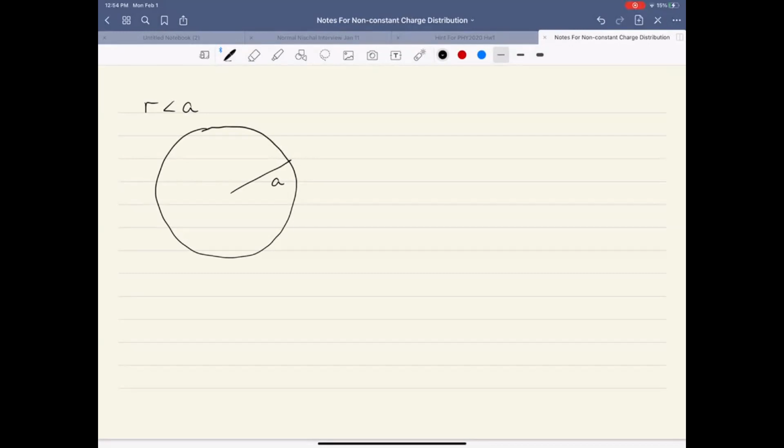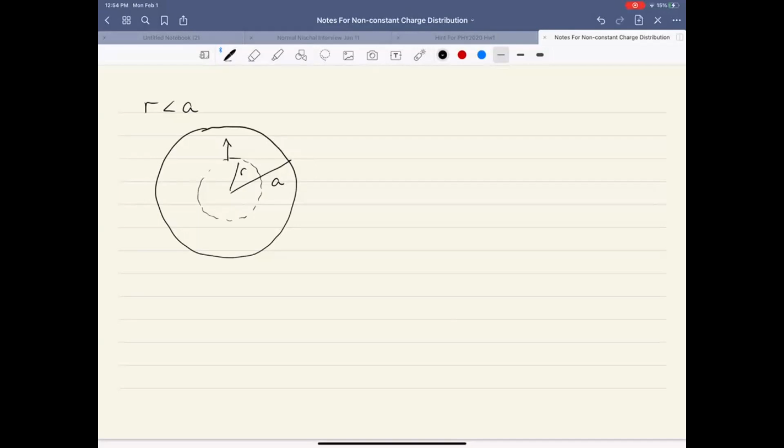So let's say that I'm at some point here where R is less than A. And I'm going to sketch that right here. So here's R less than A. What would the electric field lines look like at that point? Well, I'm not really sure what magnitude they are, like I said. But I do know that this is enclosing a positive charge, right?